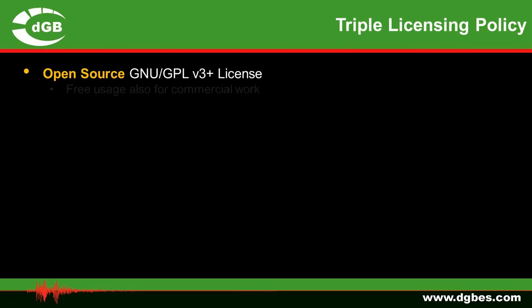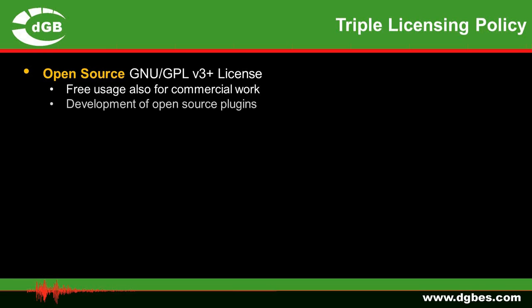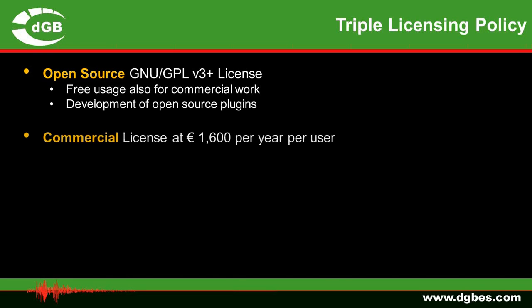Okay, now to the triple licensing policy. We have 3 types of licenses, obviously. First of all is open source, which is the GNU license. This allows OpendTect to be used freely also for commercial work and for the development of open source plugins. There is a commercial license which costs €1,600 per year per user.